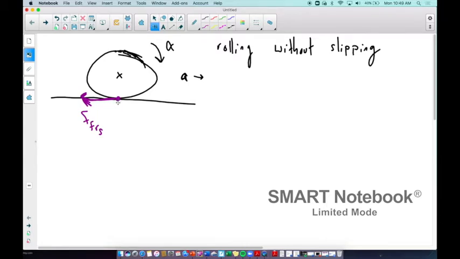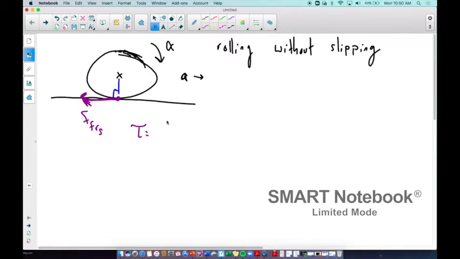So if I wanted to talk about the torque, it would be r cross F, where r, once again, is that vector drawn from the axis of rotation to the point of contact. Those are at right angles to each other. So a cross product, I'm worried about the sine of the angle between them.